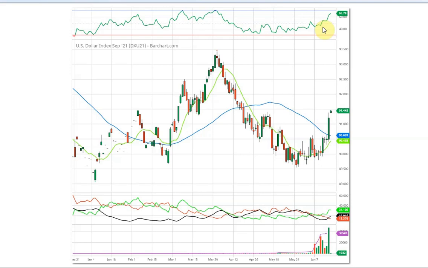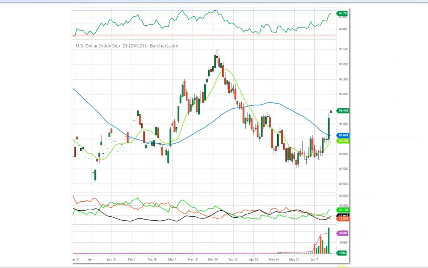So if you're living in Japan and Europe and South America, worldwide, because all commodities are traded in US dollars, it makes it very expensive to them. So once commodities become more expensive, what happens to their demand? Well, it falls. If it falls, then obviously the price could or should fall in US dollars as well.